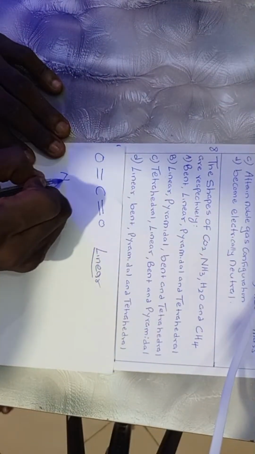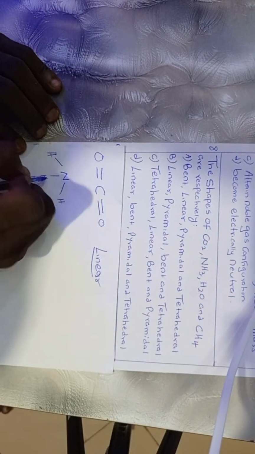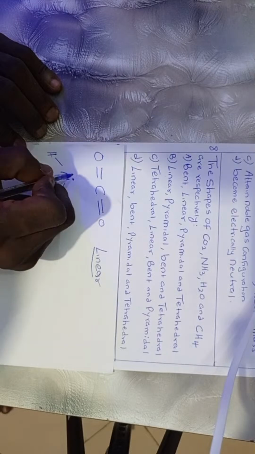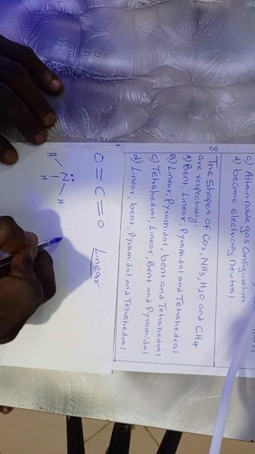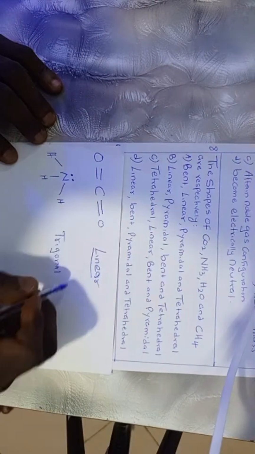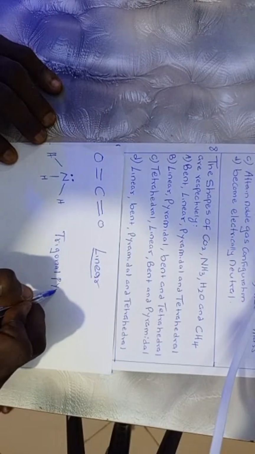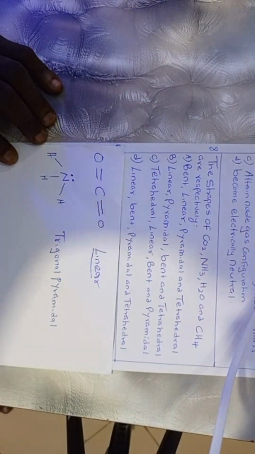You have N, H, H, H. There's a lone pair of electrons on the nitrogen atom. So ammonia here has a trigonal pyramidal shape.